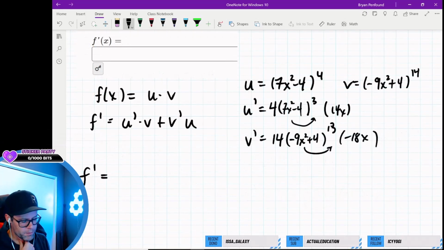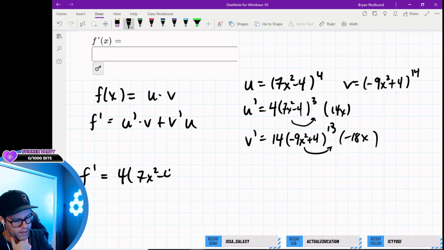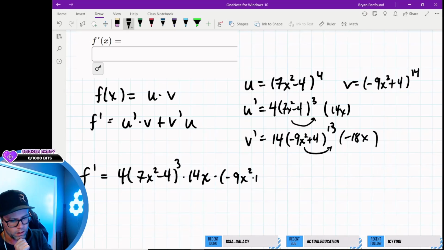Okay, let's finish this up. So u prime we found was 4 times 7x squared minus 4 to the 3 times 14x. And we need to multiply that by v, which is negative 9x squared plus 4 to the 14.